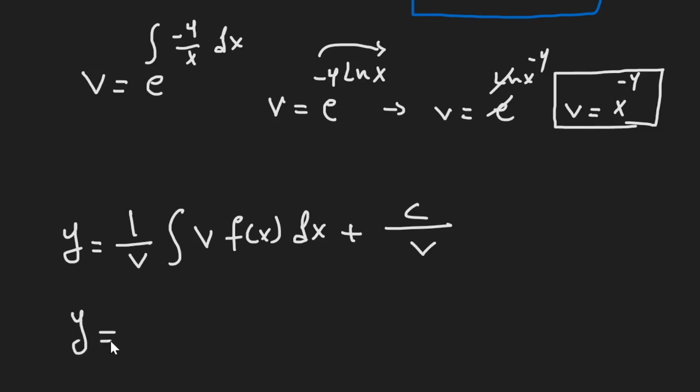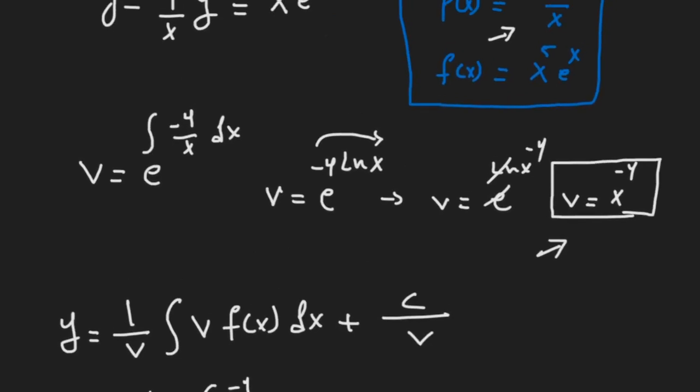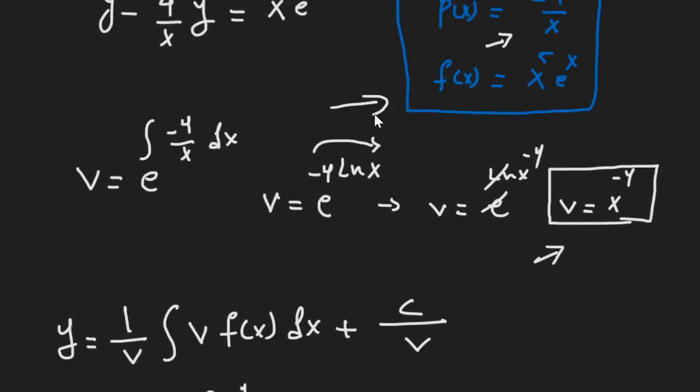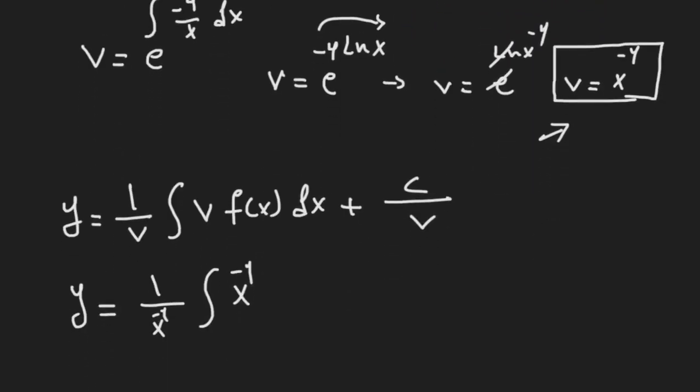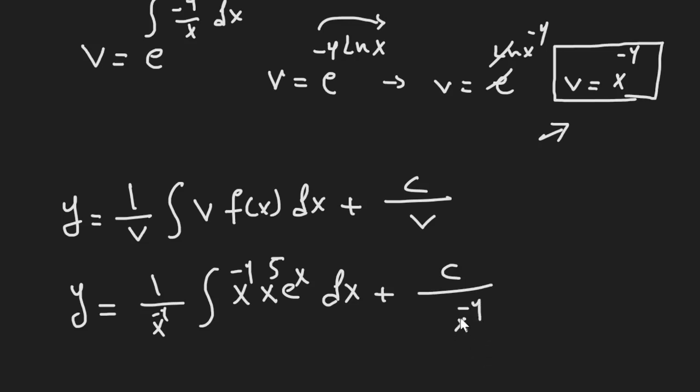This can be written as y equals 1 over v, which is x to the minus 4, integral again x to the minus 4 times f of x, which is x to the 5 e to the x, dx plus c divided by v again, which is x to the minus 4.